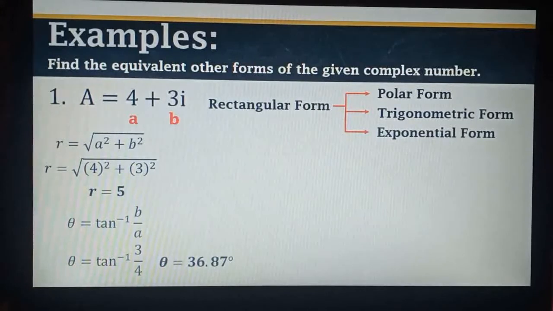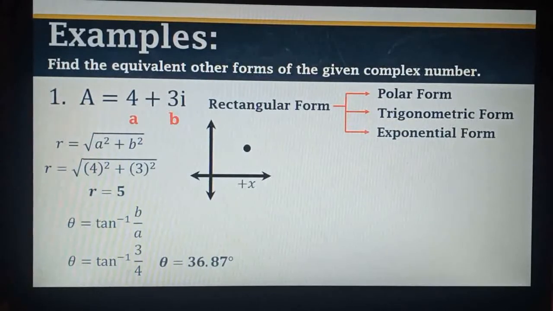As I said earlier, you have to locate first the location of the complex number before you put it in the format of polar form. It needs to be measured from the positive x-axis. The location of your 4 plus 3i is in the first quadrant.